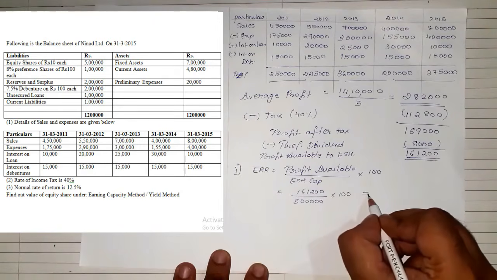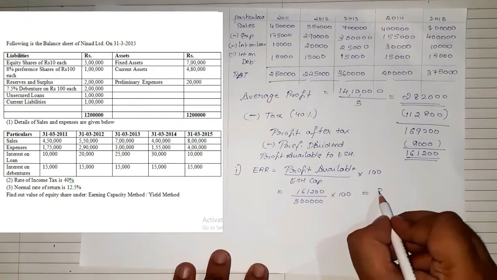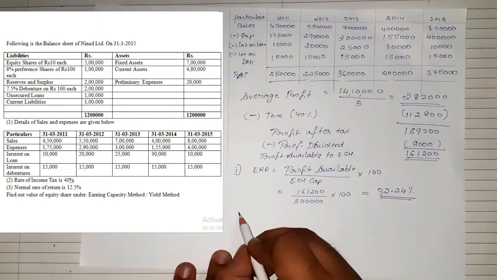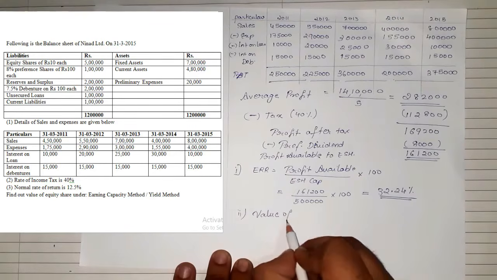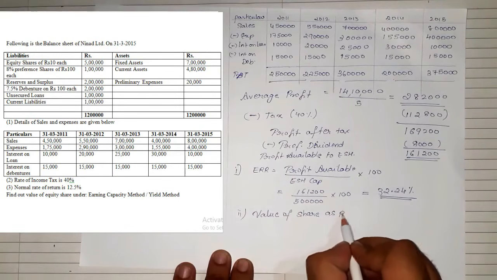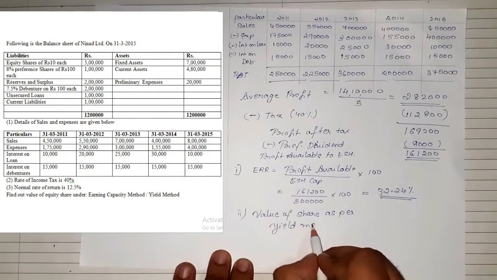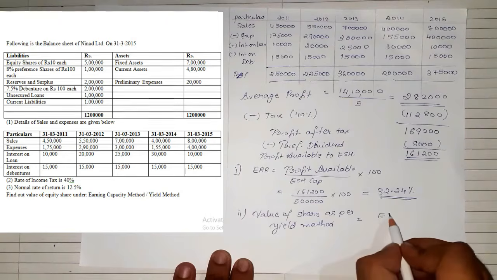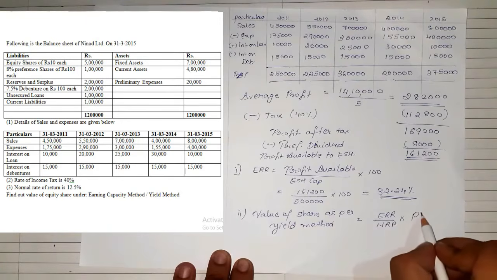So our expected rate of return is 32.24%. Last, value of share as per yield method equals ERR upon NRR into paid up value.